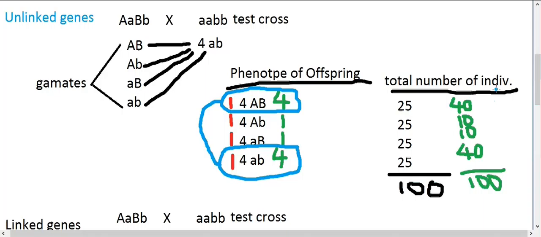The total number of offspring consisted mostly of this combination here. These other combinations were usually underrepresented. Let's just say there are only 20% of these individuals with these phenotypes.